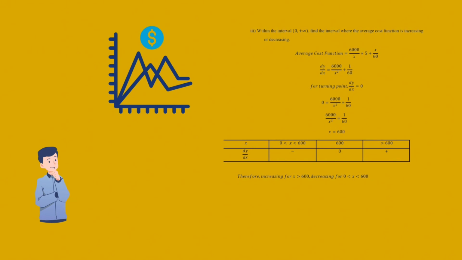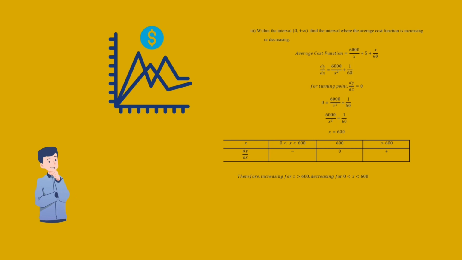To understand how the average cost function behaves within the interval, we will examine its derivative. dy over dx equals negative 6,000 over x to the power of 2 plus 1 over 60. For the turning point, dy over dx equals 0.